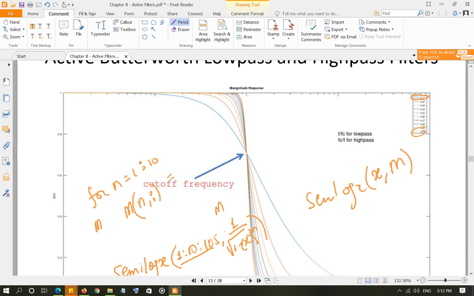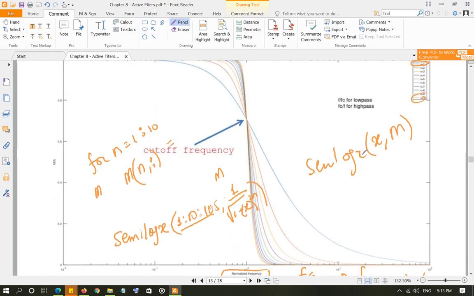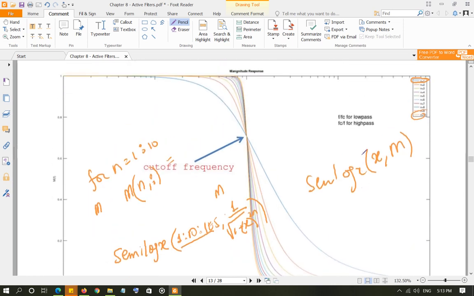So make sure you have these curves, because if I ask you to design a filter, then you have to find the order of the filter, and the easiest way is to have these curves. You can just move your mouse and find the specific value to determine what order corresponds to a specific value.